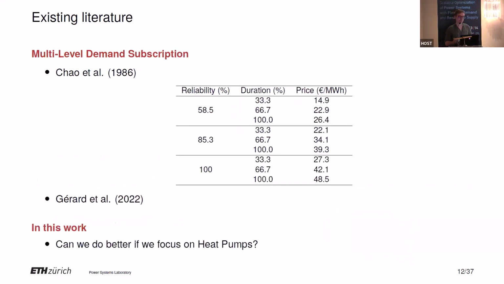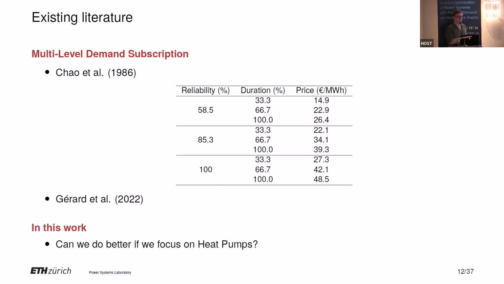Because of this drawback, some other types of the same kind of model have been proposed, but that also include a duration. So you have here reliability and duration, and you have a price for every combination of reliability and duration. So you buy a capacity with a certain reliability, but you have a discount if you only subscribe to a system where you use it for a limited duration.